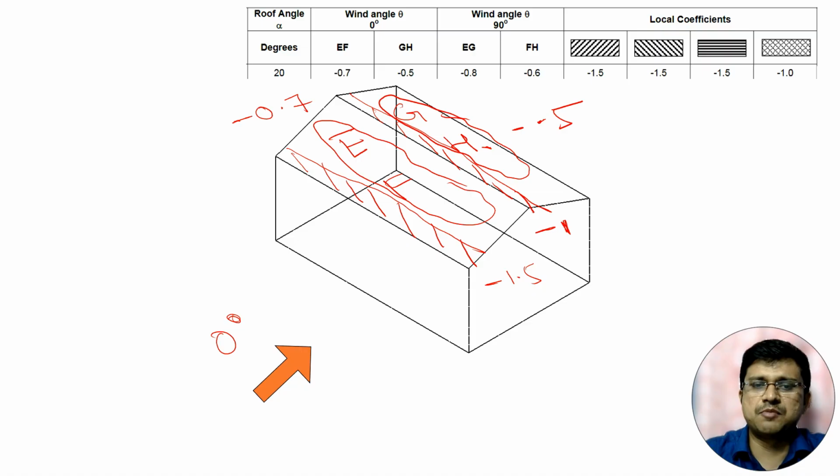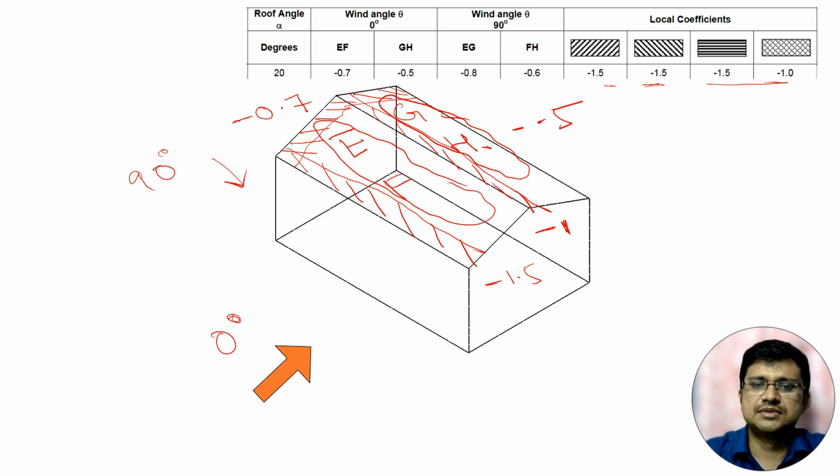And when wind comes from 90 degree, then we have to consider this particular local coefficient. But our code has not specified which local coefficient we have to consider for which wind angle, for 0 degree or 90 degree. Our code has not specified it. So we have to consider this local coefficient for all wind angles, for 0 degree also, for 90 degree also. So we have to consider all local coefficients.